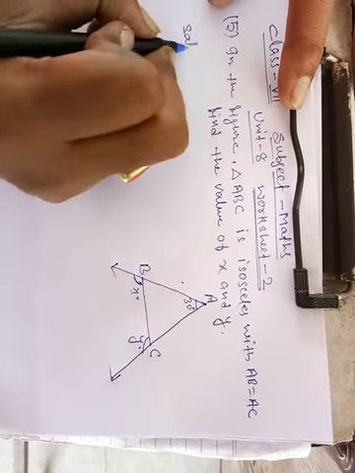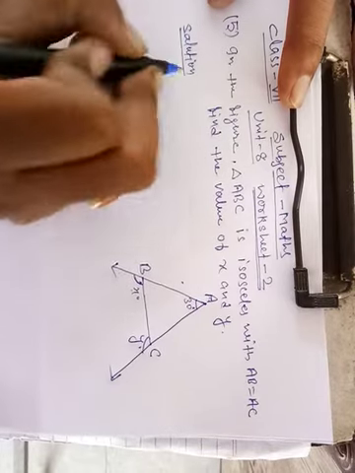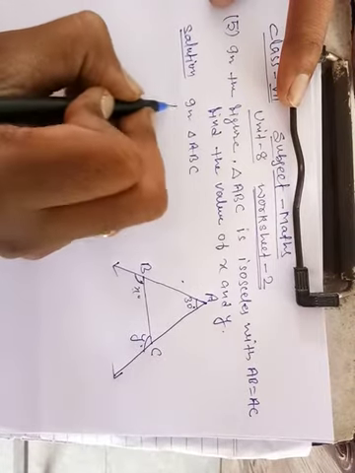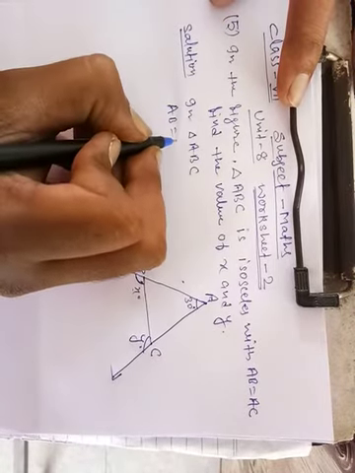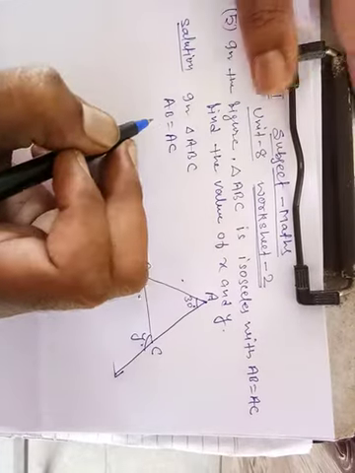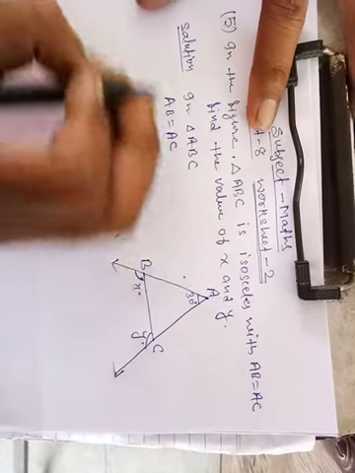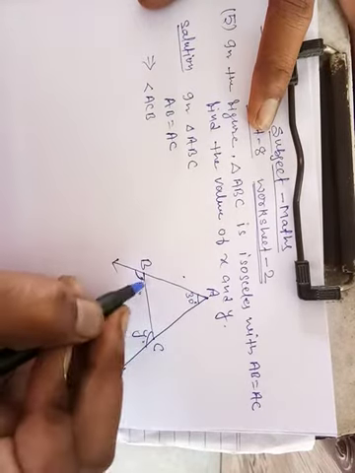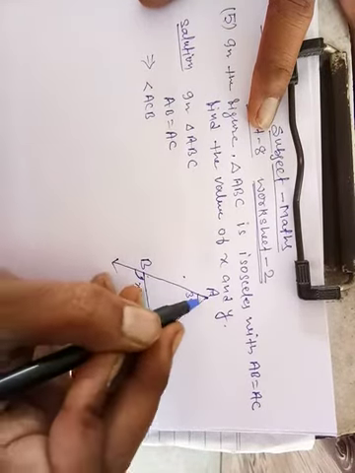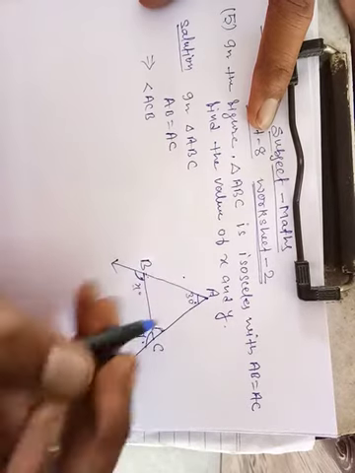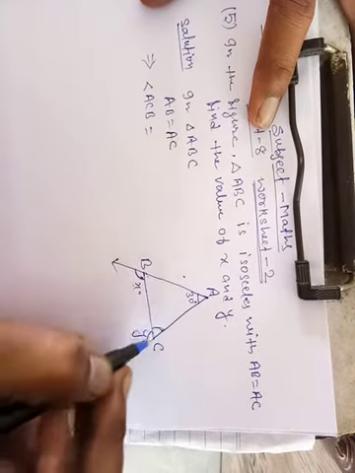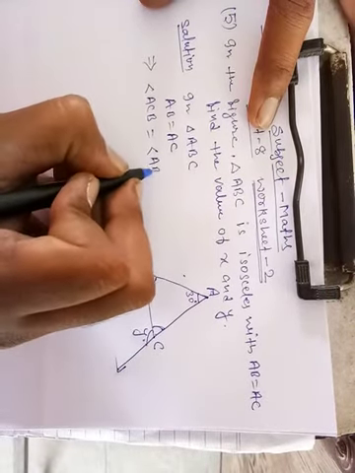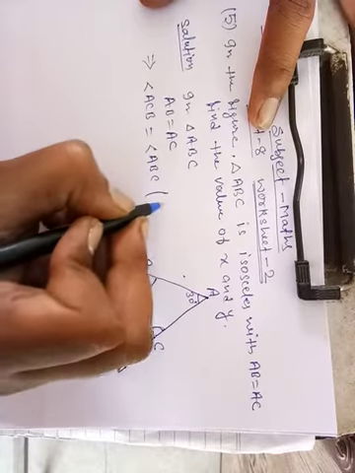Solution. In triangle ABC, given that AB is equal to AC. This implies angle ACB, the angle opposite to side AB, and angle ABC, the angle opposite to side AC, are equal.